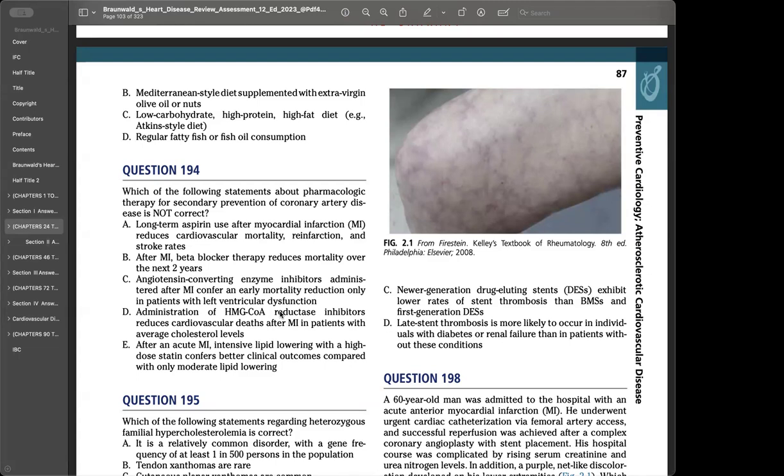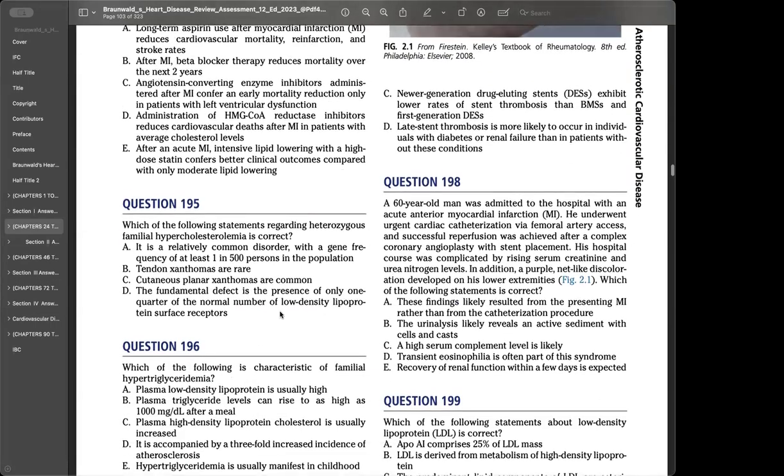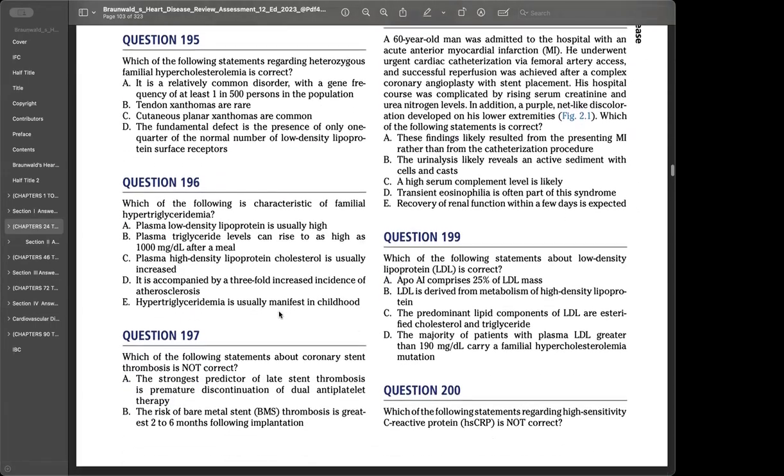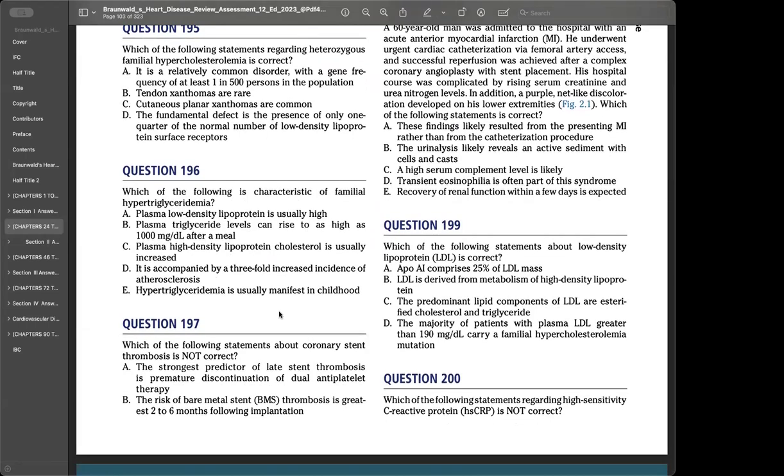As an overview, stent thrombosis is an uncommon, however potentially devastating complication of coronary stenting. It can be divided into acute, subacute, and late stent thrombosis.